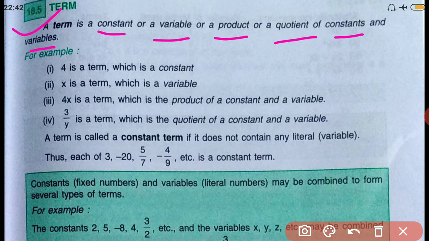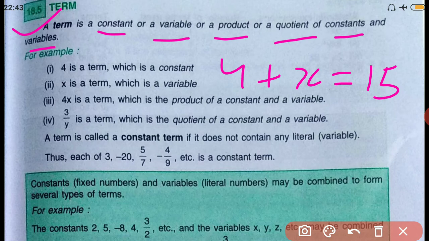When we were doing exercise 18a, we learned how to write algebraic format. For example, you might have written 4 plus x equals 15.